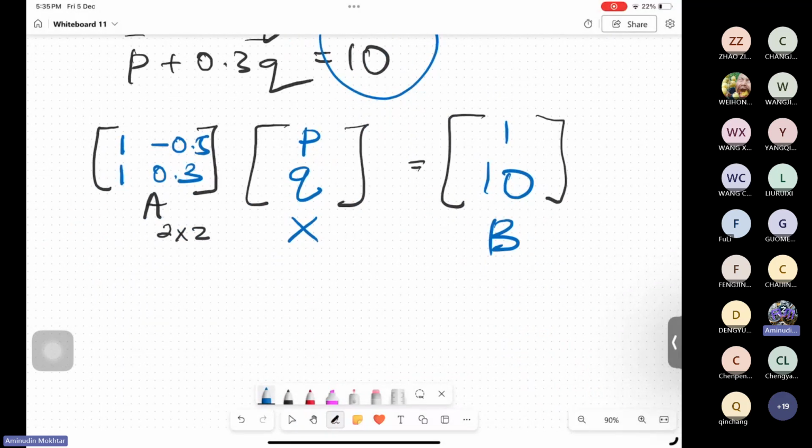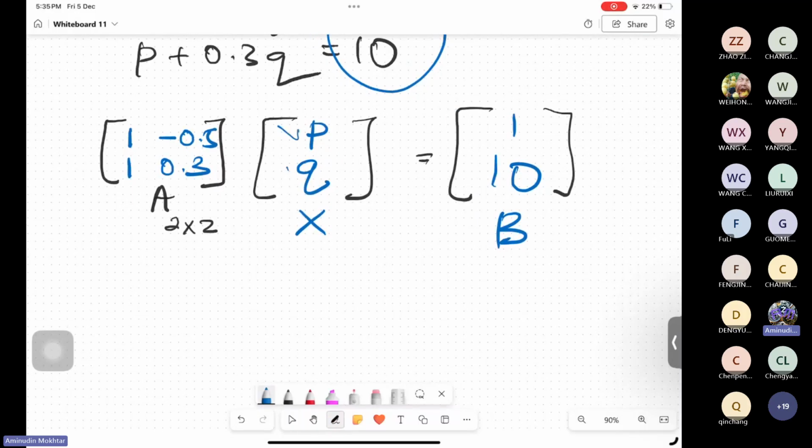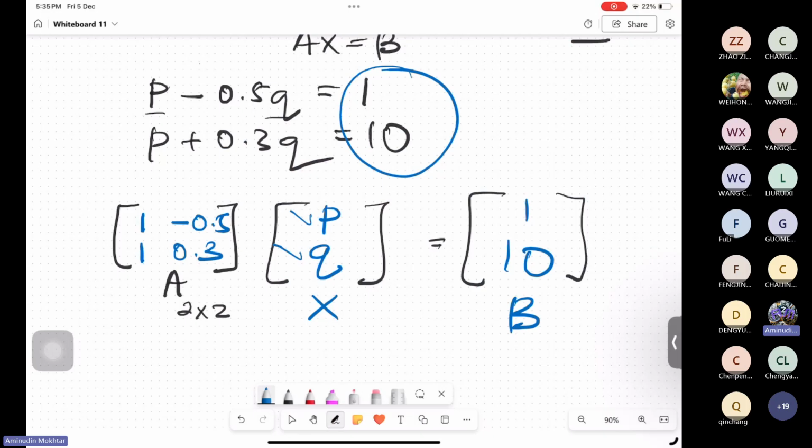The first variable is P, the second variable is Q. The order of the variables is very important. You need to put P and Q in the right position based on how the equations are written in the system.